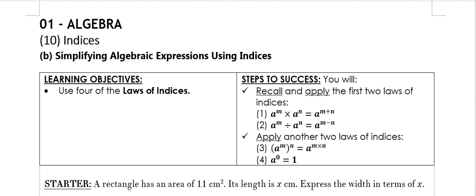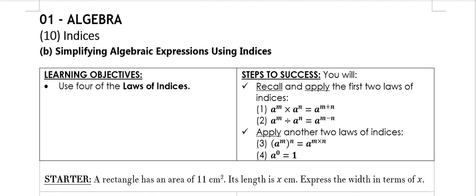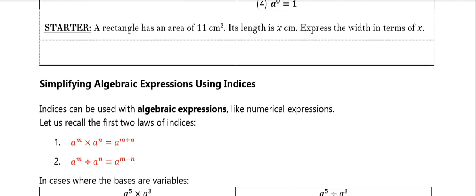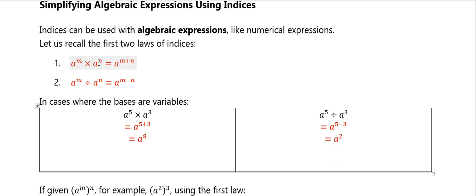Now, in addition to the rules from last time, you have the third rule, which is this one, and also the fourth rule, which is this one. I have just explained the first two rules, which you learned last time.